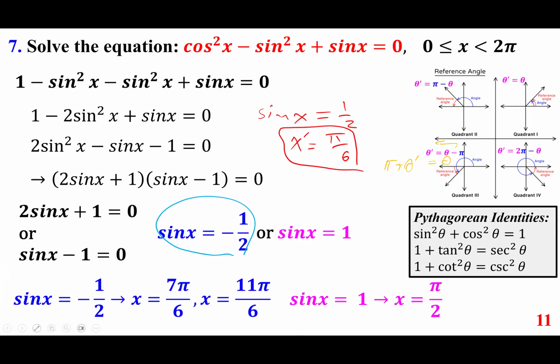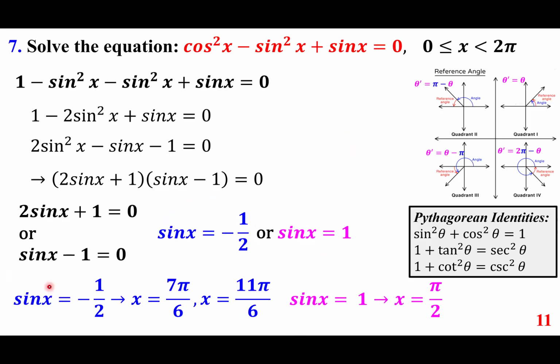Now, what I want you to pay attention to, let me just erase my work again. The question was, what's the answer when x is between 0 and 2 pi? If this is not there, everybody, then you're going to say plus 2n pi. That's what happens.